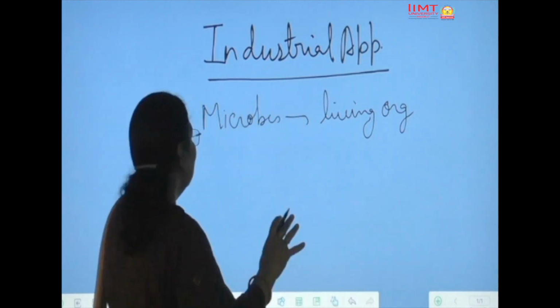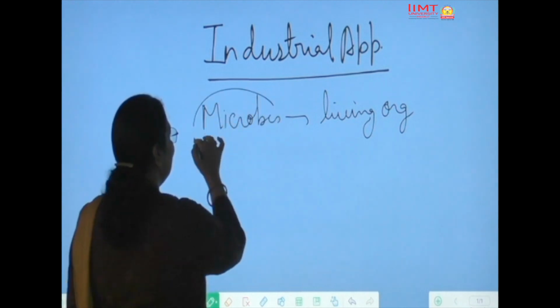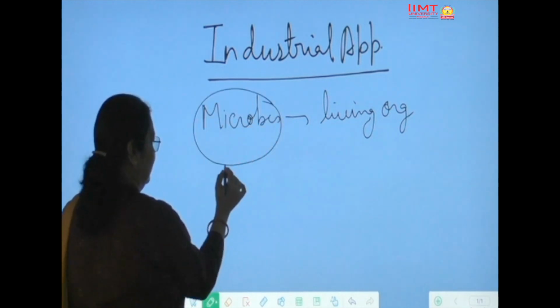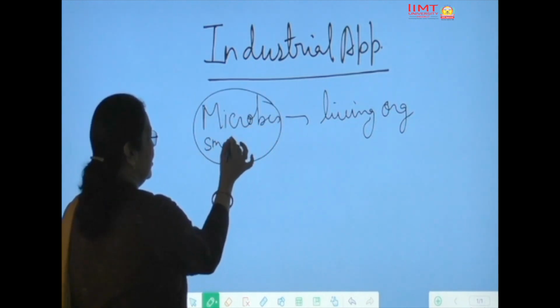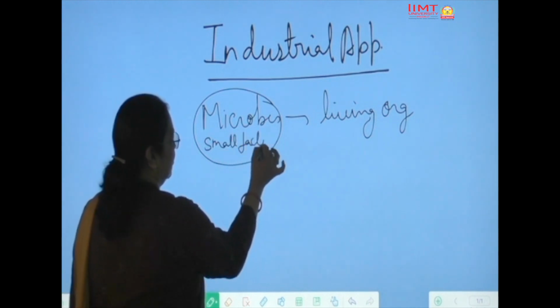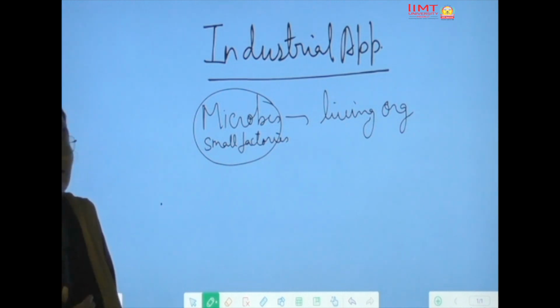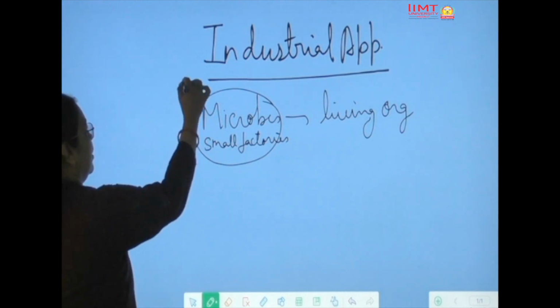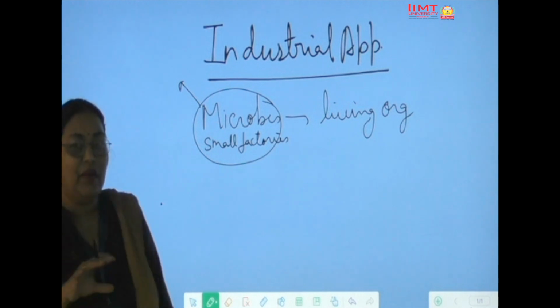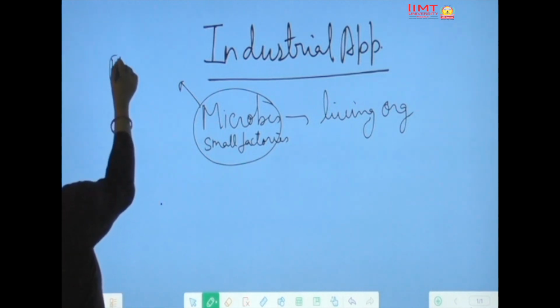So these can be seen as small factories, which are secreting various metabolites. The metabolites secreted by microbes include enzymes.